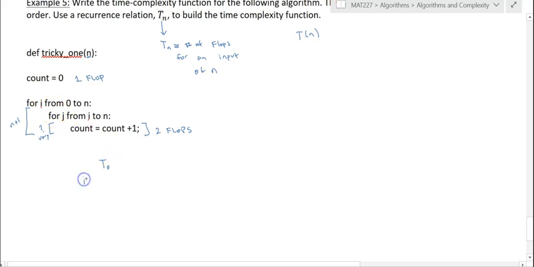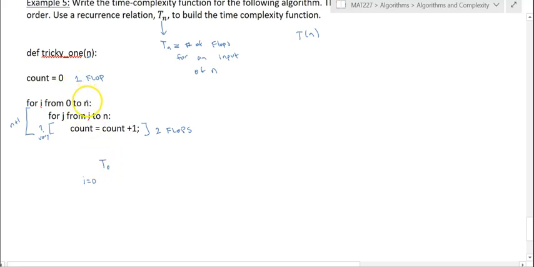Well, first of all, i would be assigned the value of 0, and because we're going from 0 to 0, this is only going to happen for one value of i. Then down here, we're going to go from the current value of i, which is 0, up to the value of n, which in this case is also 0, right?